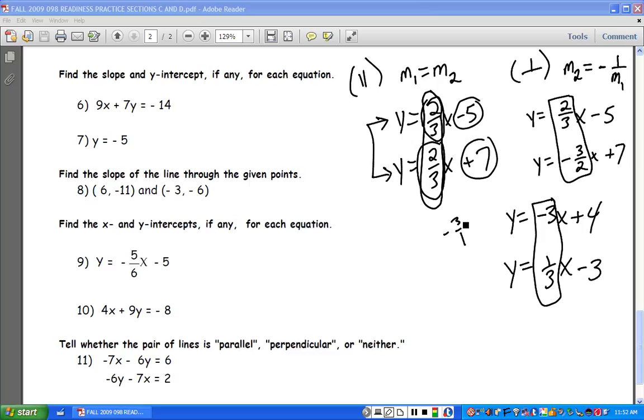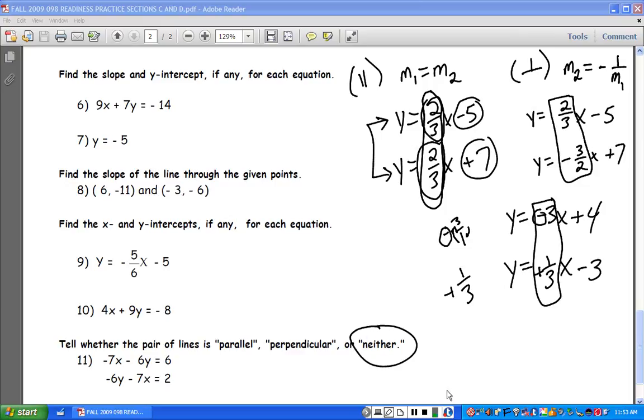So if I flip 3 over 1, I get 1 over 3, which is what I have here. Then I had a negative, and now my slope is positive, so I also have opposite signs. Flip and opposite signs means that you're dealing with perpendicular slopes. It has to be the flip and opposite sign. And if it doesn't fit either one of these criteria for parallel and perpendicular, then you would say neither.